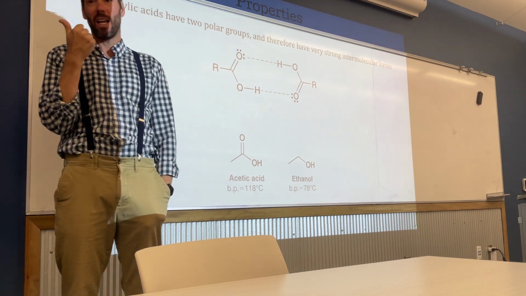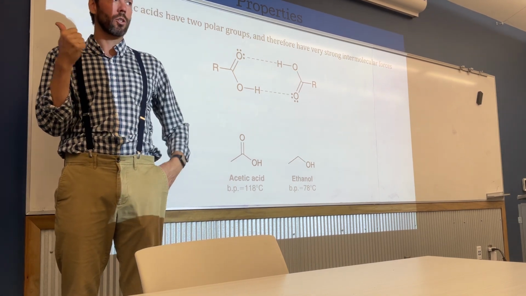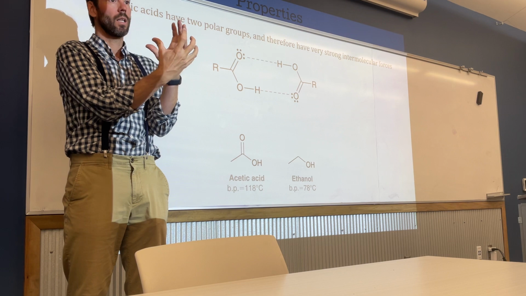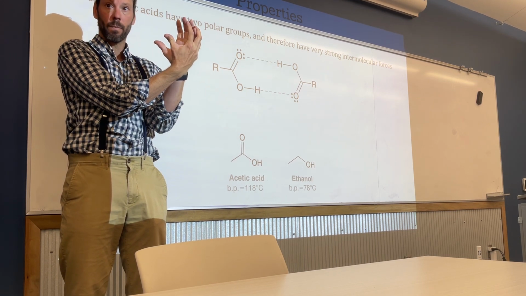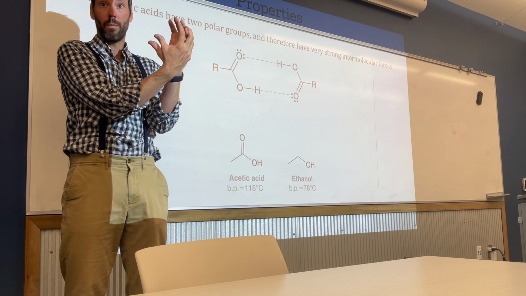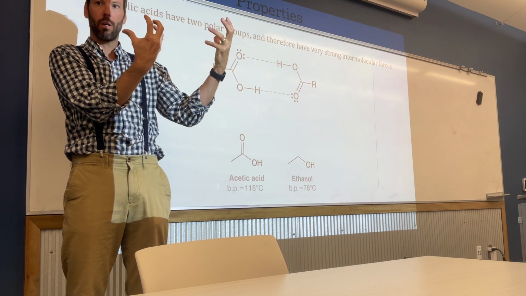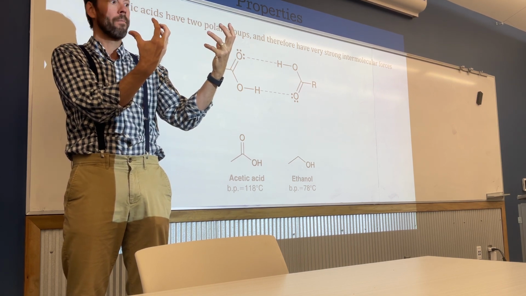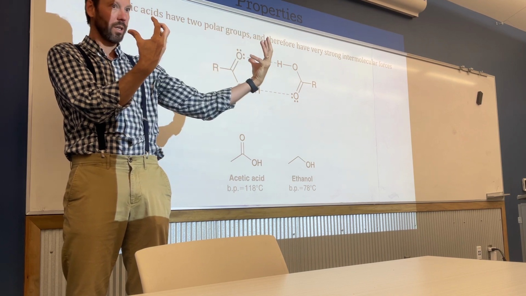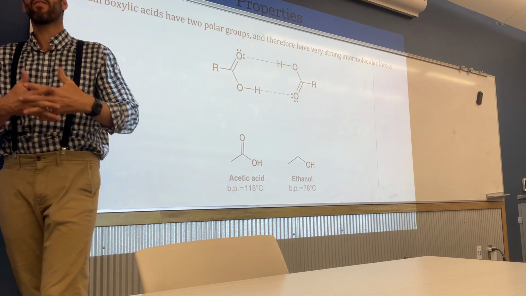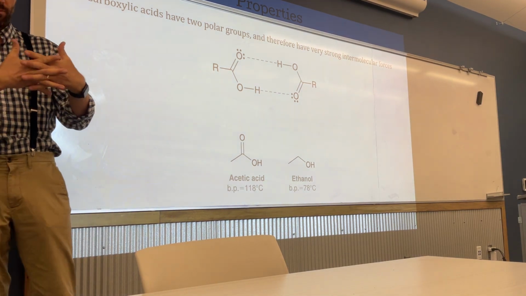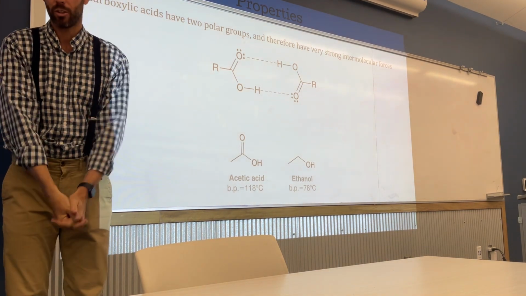Where just at any given moment, electrons are going to be disproportionately located on one side of the atom. And so it's going to be attracted to another molecule that has electrons disproportionately on the other side as well, and will form a brief intermolecular attraction to each other, right?